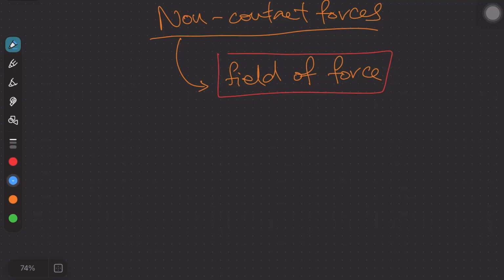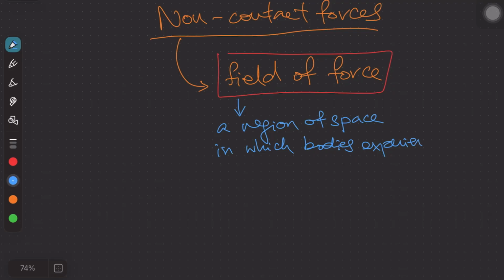What's a field of force? A field of force is a region of space in which bodies experience a force associated with the field.